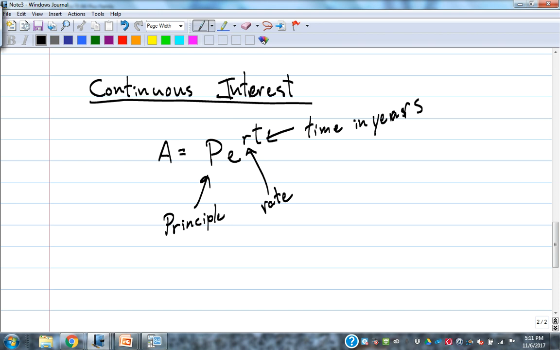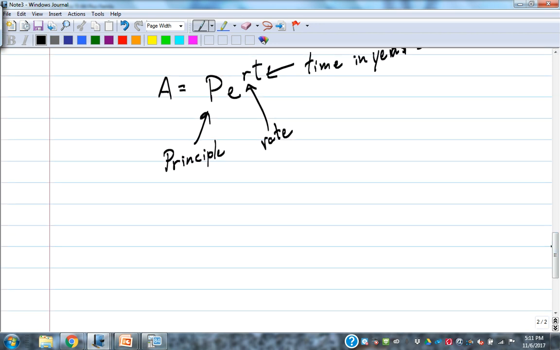And it's not a set date that they add the interest to your account. With small amounts of money, it doesn't change your account balance very much compared to compound interest. But as the money level increases and the length of time increases, it can make a large difference in how much your investment is worth.